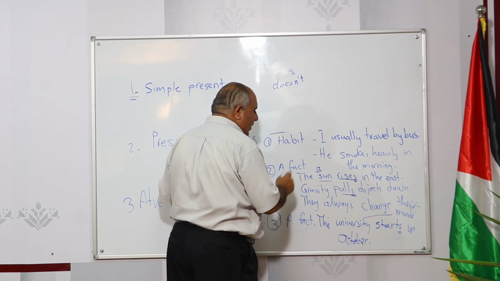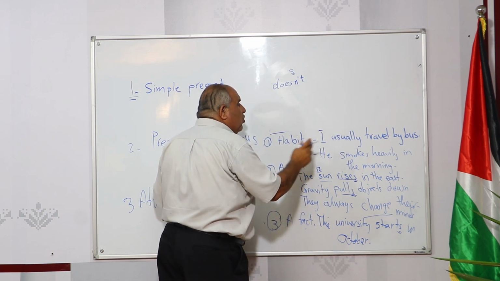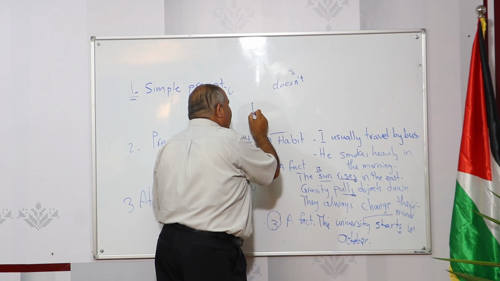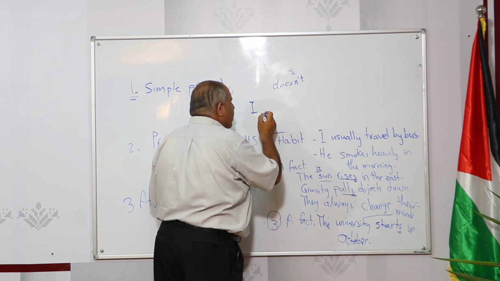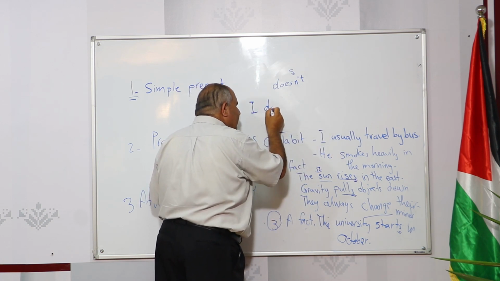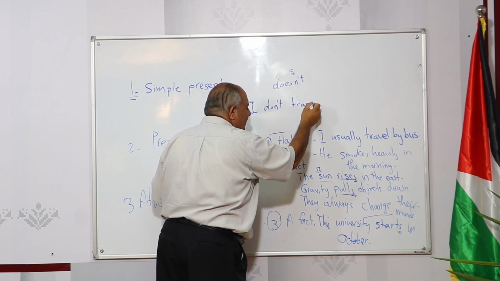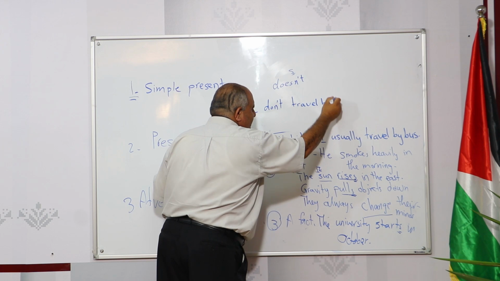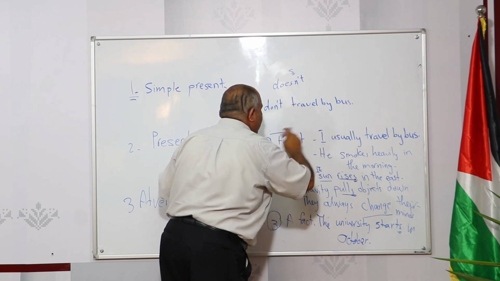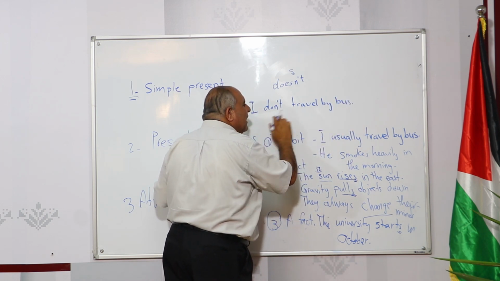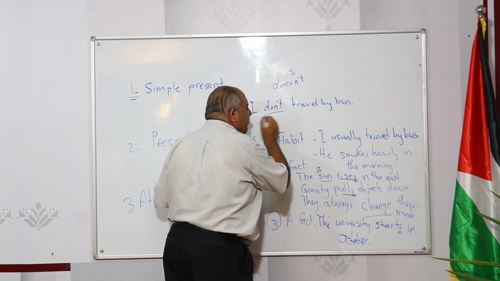For example, number 1, I usually travel by bus. There is no s, so I say I do not travel by bus. Or I usually do not travel by bus.